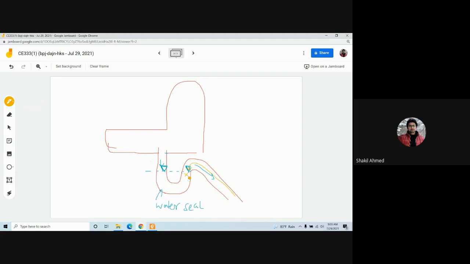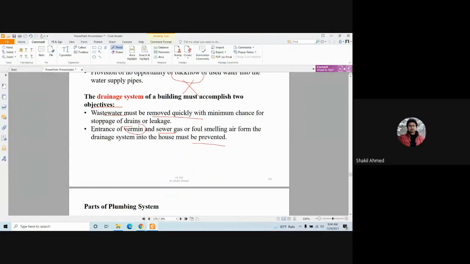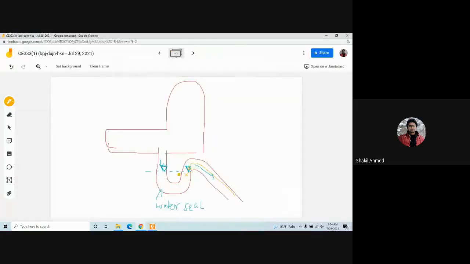It will not be able to come any further. Am I right? Yes, sir. So this is the provision. Entrance of vermin and sewer gas or foul-smelling air from the drainage system into the house must be prevented. That's how you prevent it. In real life, this water seal portion is actually a bit higher. I've drawn it a bit lower. Anyway, the mechanism is this. Okay.